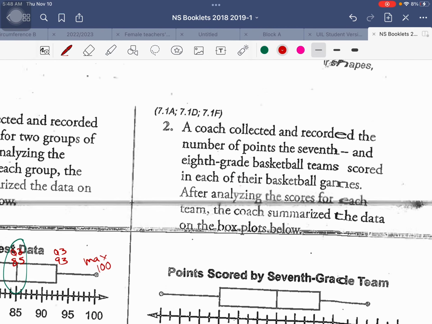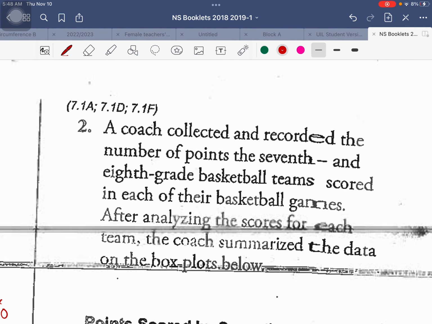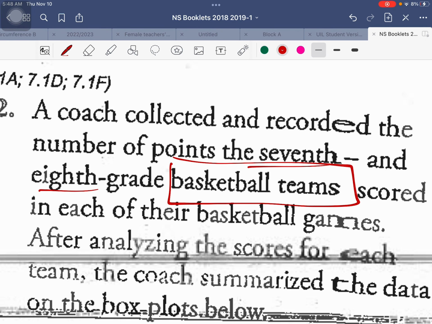Now, number 2, a coach collected and recorded the number of points to 7th and 8th grade basketball teams. And orale, we have the basketball girls right now. Como Isa, como Kendra, como Vanessa, Marifer, ¿quién más? Naomi.